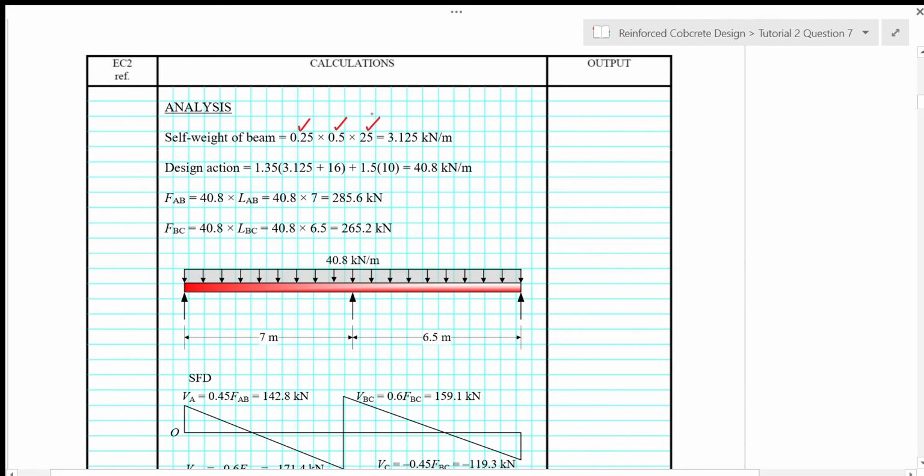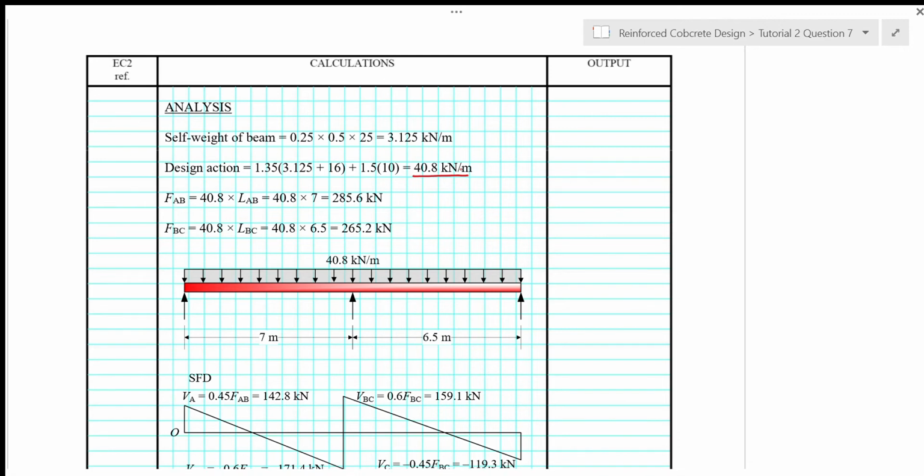So we get 3.125 kN per meter. That gives us the design action of 1.35 times (3.125 plus 16) plus 1.5 times the characteristic variable action of 10 kN per meter length. So we get total design load as 40.8 kN per meter length.